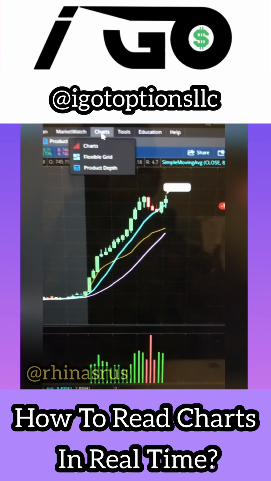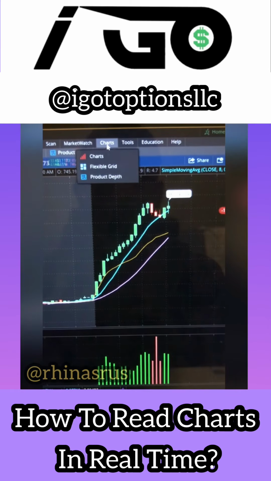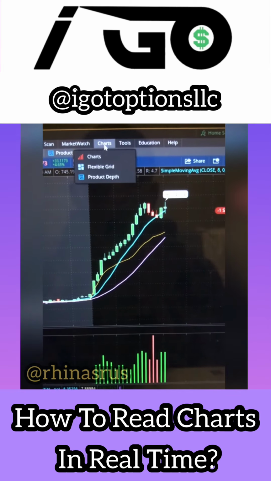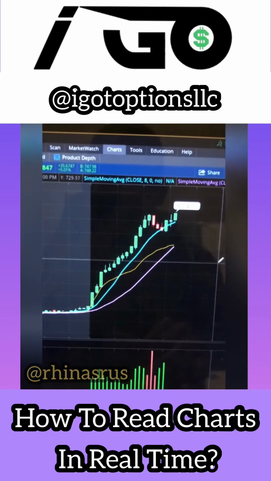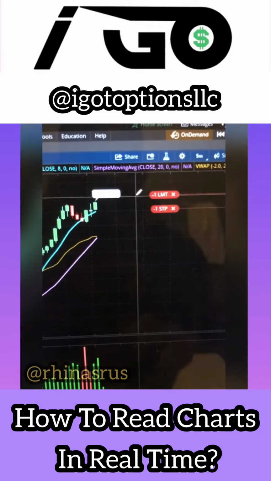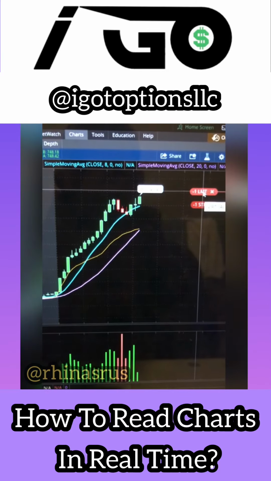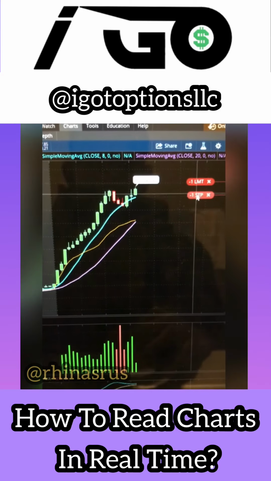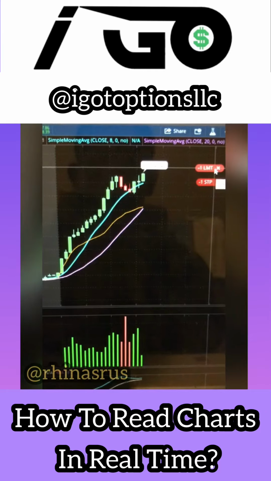So if this does go in our favor, when do we want to take profits? So I want to take 30% profits. Alright, so now right here we have a stop loss and we have a limit order. So this is how you set a trading plan. You have a safety measure and you have a profit taking measure. So this is how you properly set a trading plan.